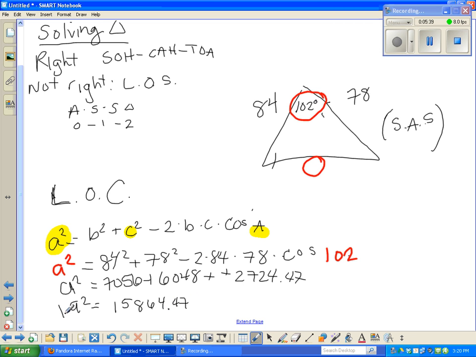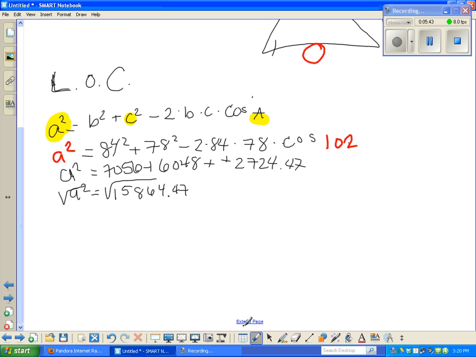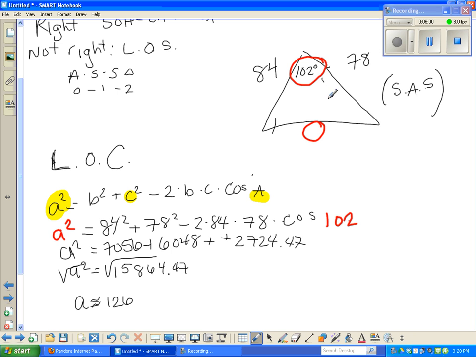And to find a, you want to take the square root of both sides. And once you do that, I got my a and I rounded to equal approximately 126 here. So hopefully you guys see the relationship here between the missing side and the angle directly across from it.